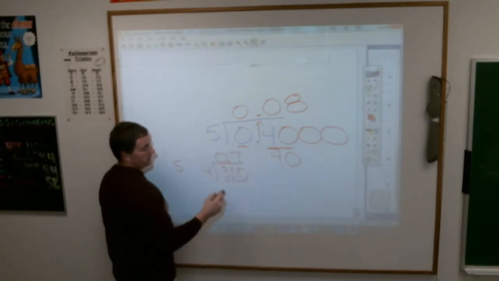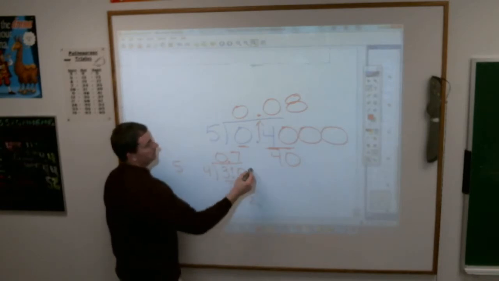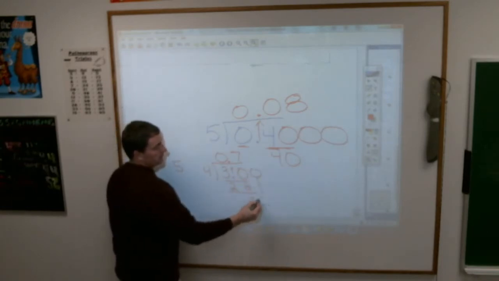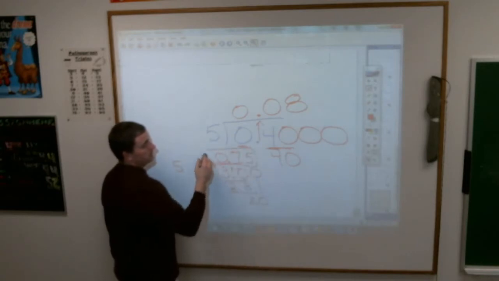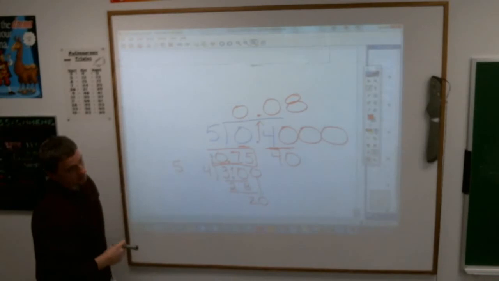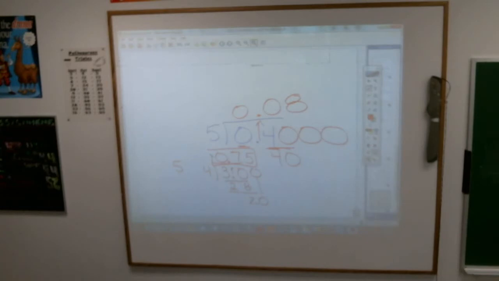You put a 7 there, right? It's 28. Subtract, you get a 2. You have to add another 0. And then 4 goes into 20 five times. Keep adding zeros until it works out. What if it doesn't work out? Well, eventually it will at some point. If it doesn't work out, they'll usually tell you to round it to however many decimals.